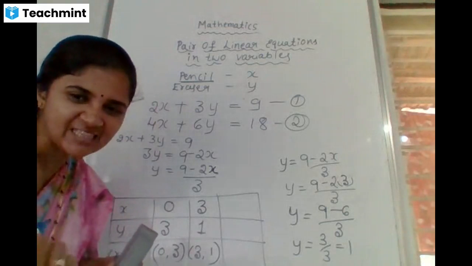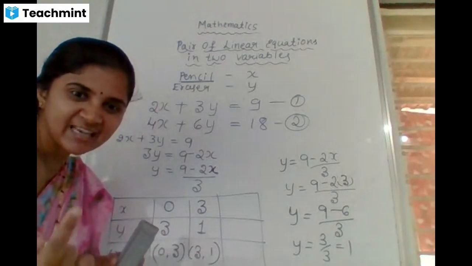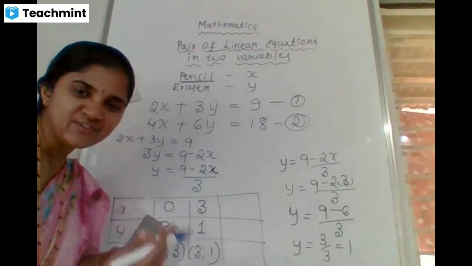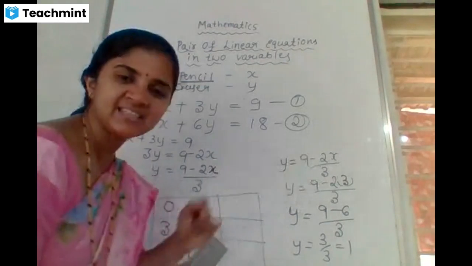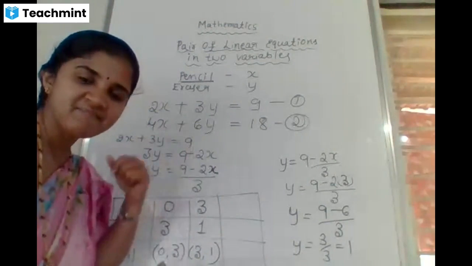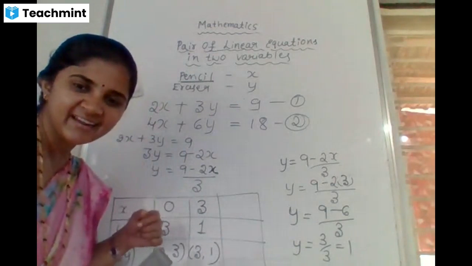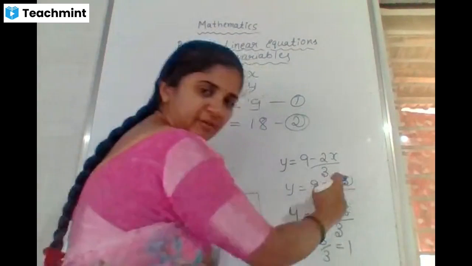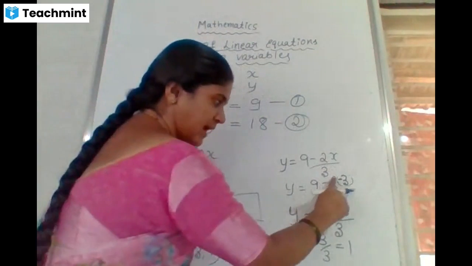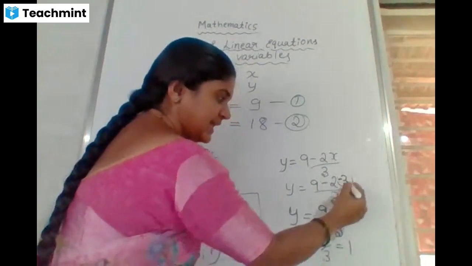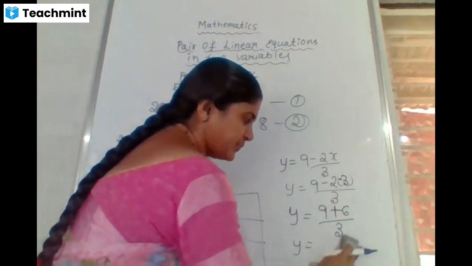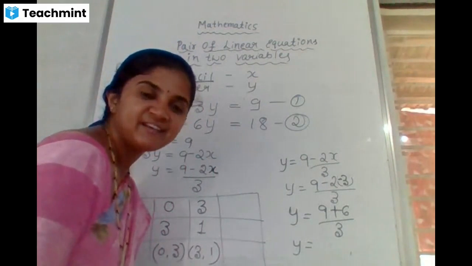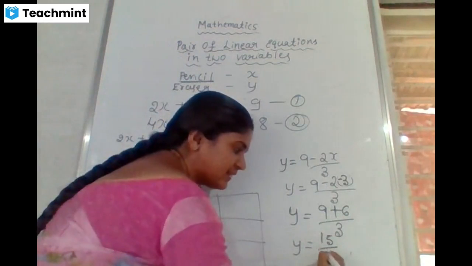Can you tell me one more point fast? Next, which value can we take? Can we take minus 3? Yes, we can take minus 3. If we choose minus 3, minus into minus is plus, so we get 9 plus 6, which is 15, divided by 3.